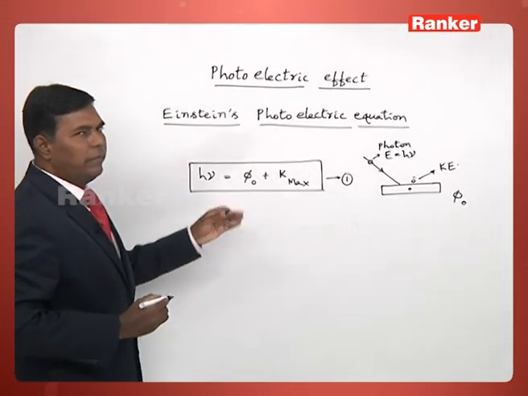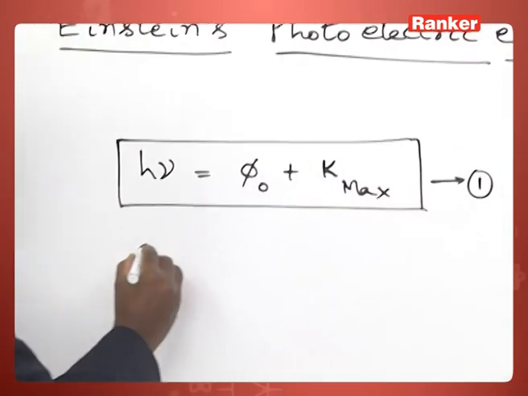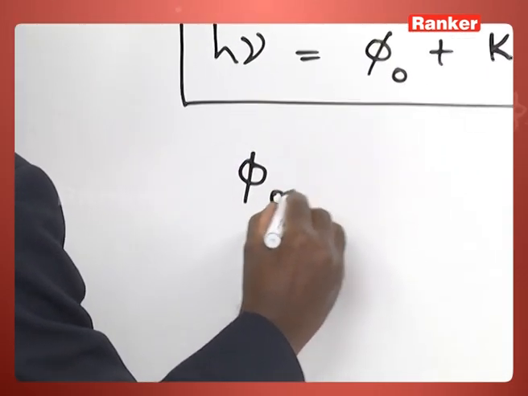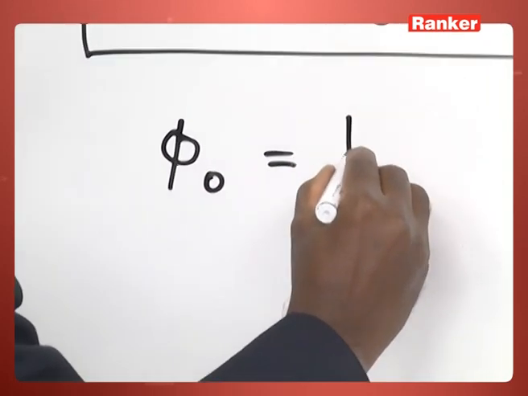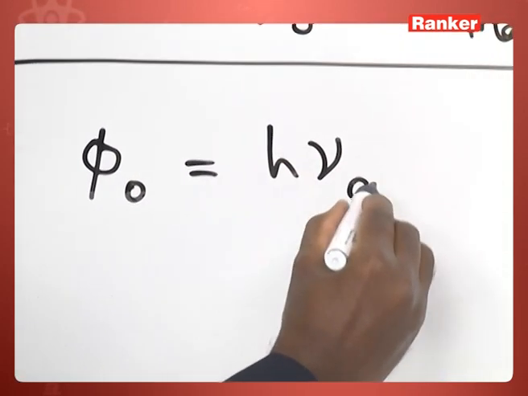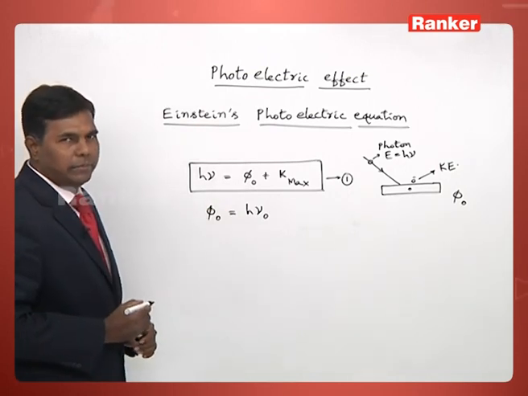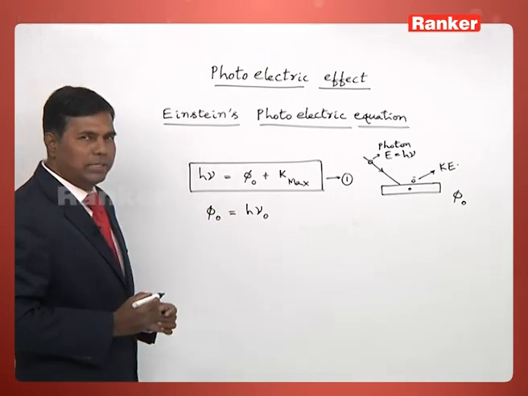Also, the work function phi naught can be represented in terms of threshold frequency as h nu naught. Here nu naught stands for threshold frequency and h stands for Planck's constant.